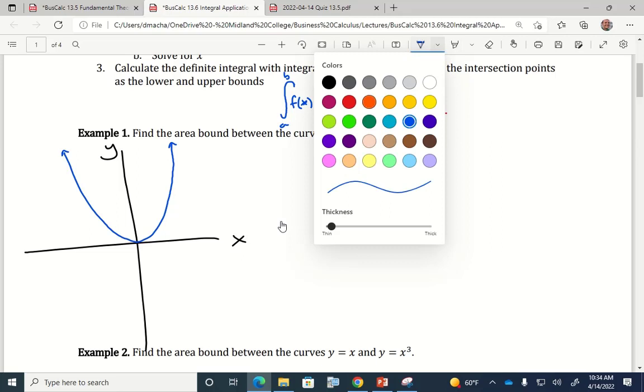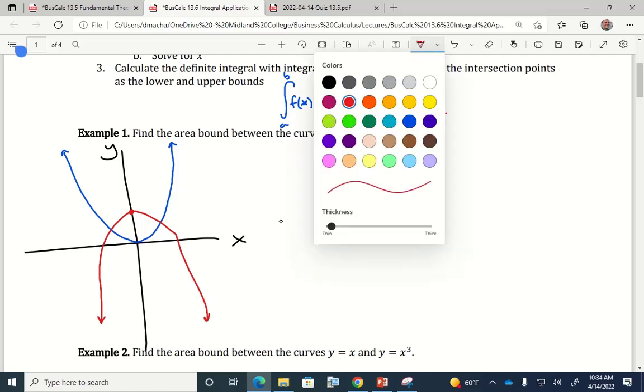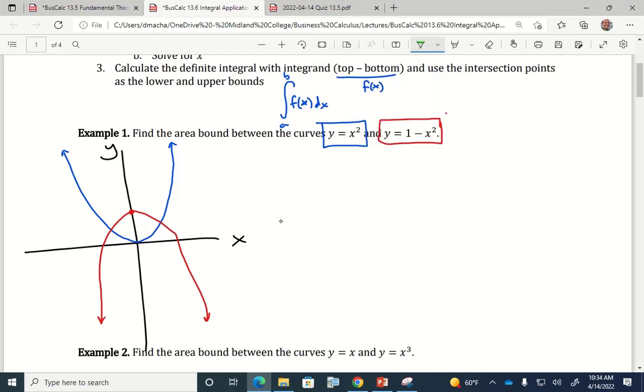And 1 minus x squared would be a downward facing parabola. When x is equal to 0, y is equal to 1, and it's going to have the same shape but in the downward direction, so it'll look like that. My question is asking me to find the area that's bound between those two curves. This is the area it's talking about, the area between the red and the blue curves.